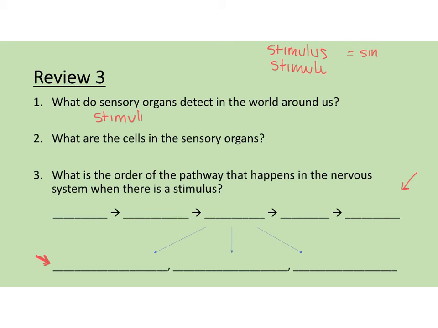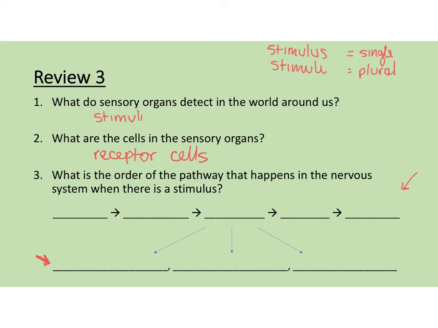So multiple stimulus is called stimuli. So sensory organs detect stimuli in the world around us. Number 2, what are the cells in the sensory organs? They are the receptor cells.